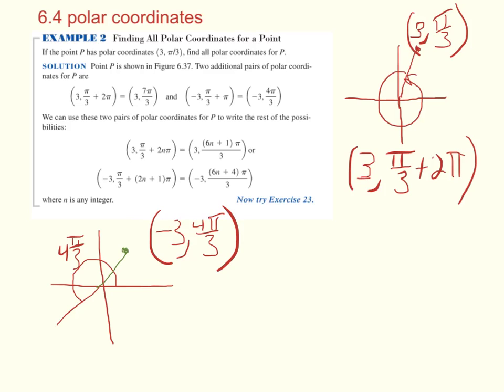And then same thing here, just adding the 1 pi, so pi over 3 plus 2n plus 1 pi. What this does is when n is 0, you end up adding 1 pi, and when n is 1, we add 3 pi.